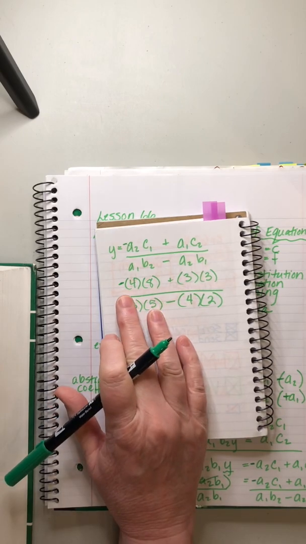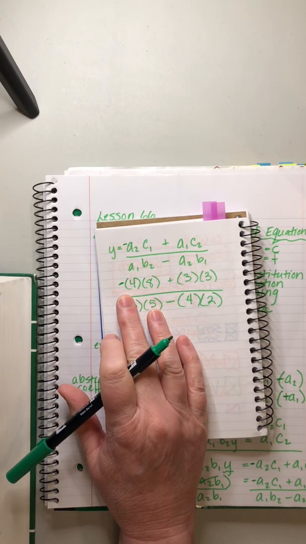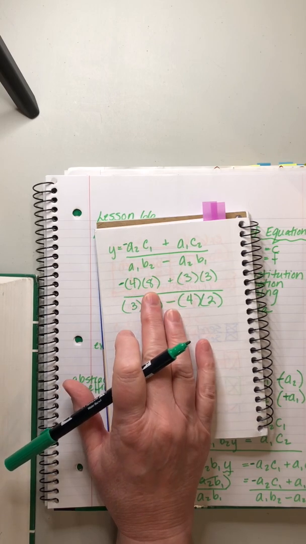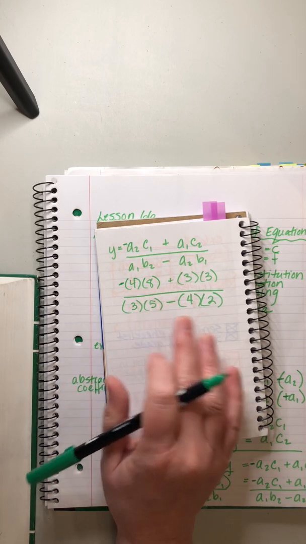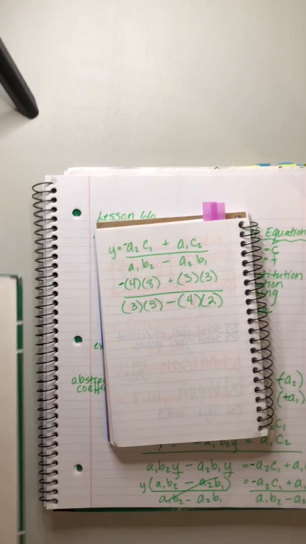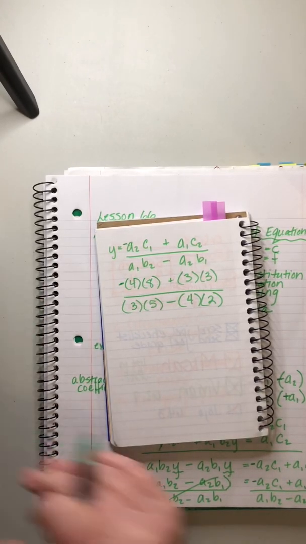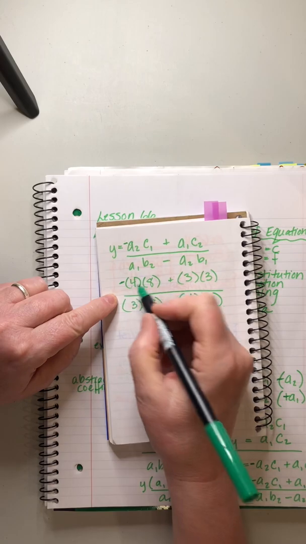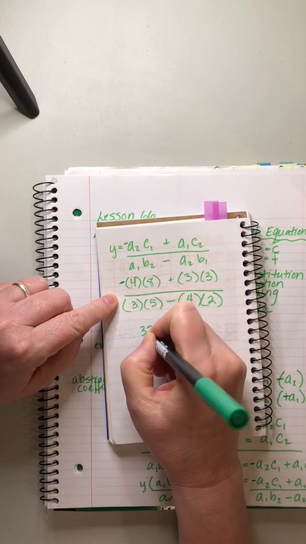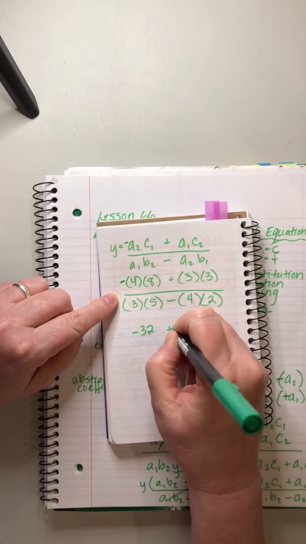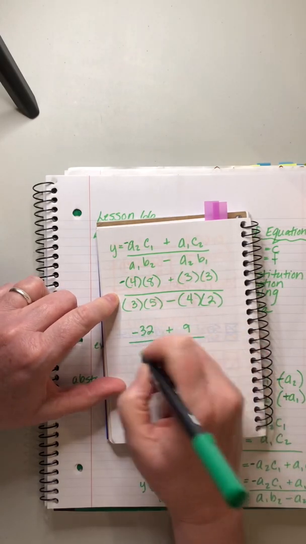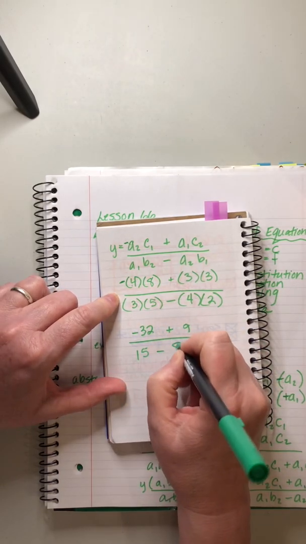Okay, so let me double check now and make sure I'm right. Yes. Yes, okay, otherwise it's correct. So now we're just ready to do the multiplication. 4 times 8 is 32 plus 9 over 15 minus 8.